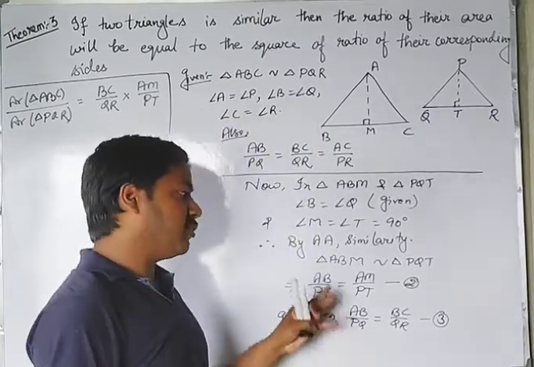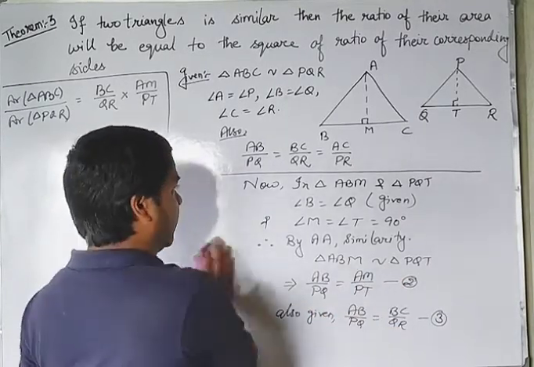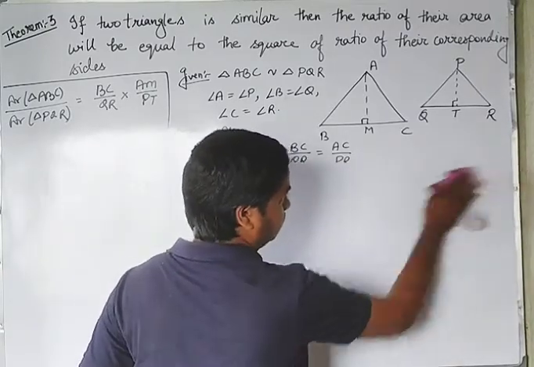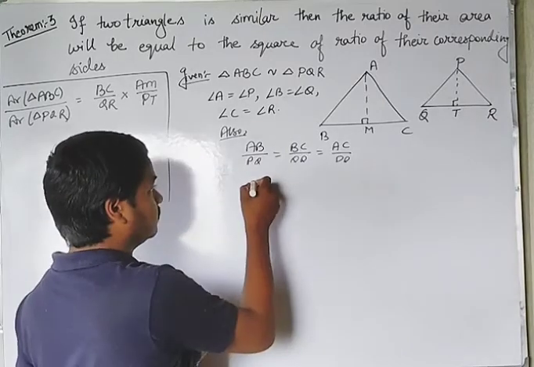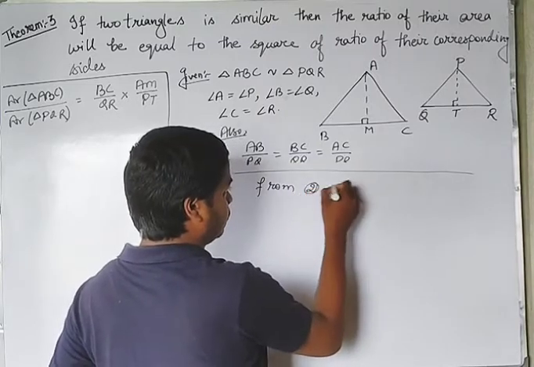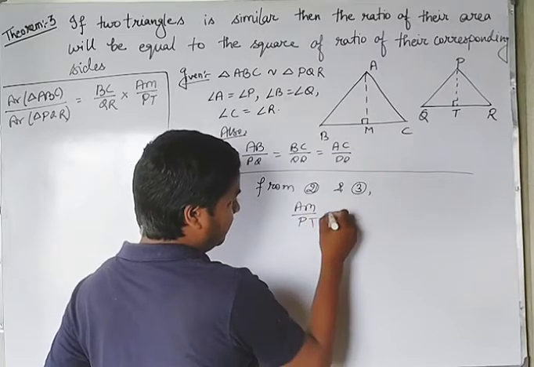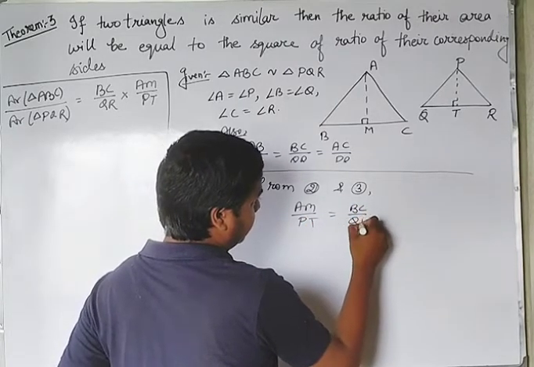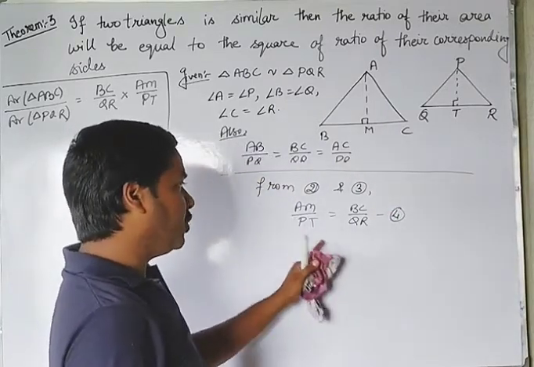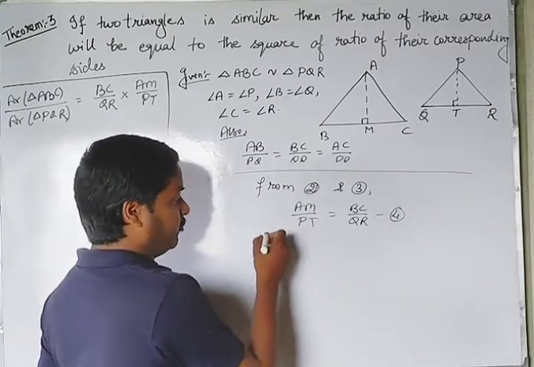So from equations 2 and 3, AM by PT is equal to BC by QR. Let it be 4. Now, by putting the value of AM by PT in equation 1, we will get our proof.